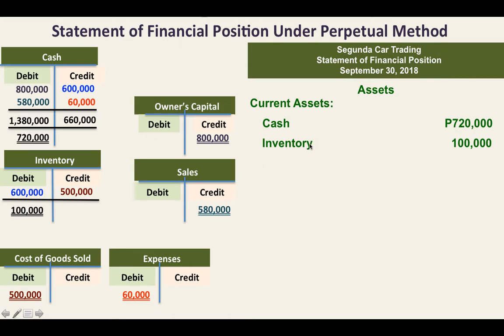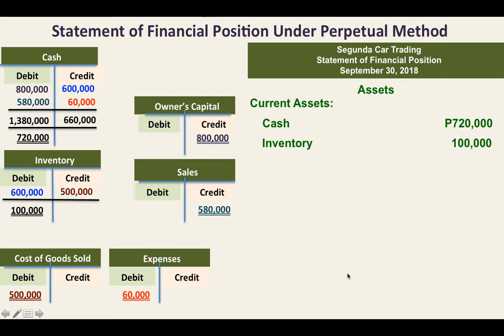If we are using the car in our operations, then it is not inventory because we don't have any intention to sell it. It will be part of non-current assets, probably under the account of vehicle.